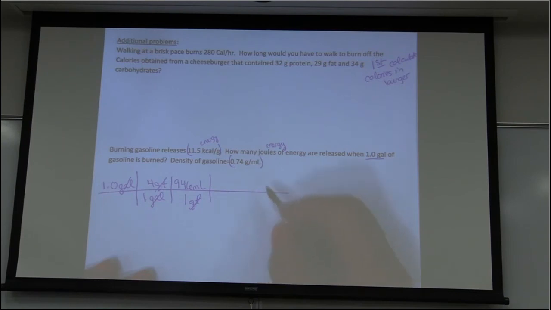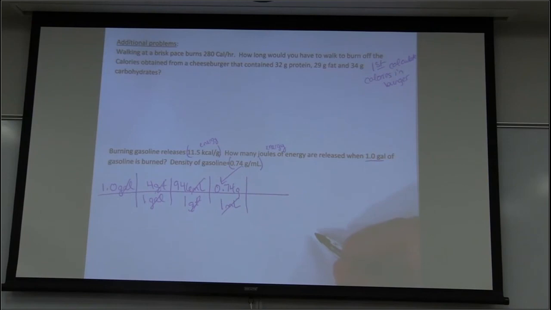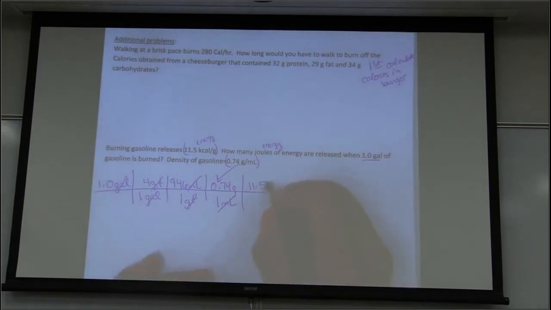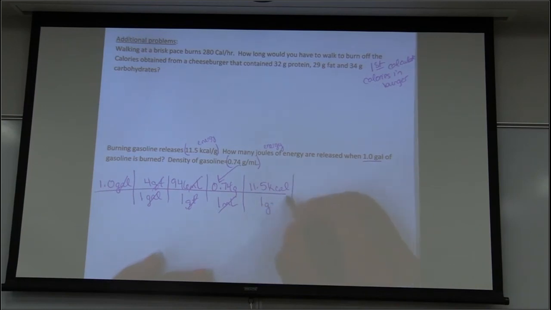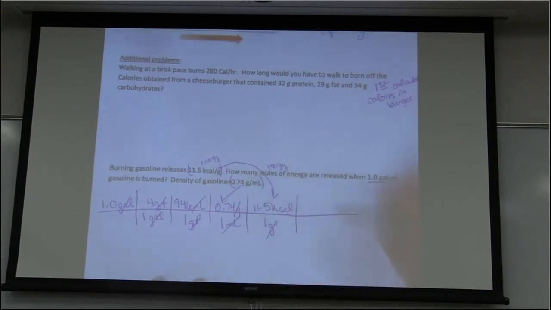Now you're ready for density. So 0.74 grams, 1 milliliter. Milliliters cancel. Do we have grams somewhere listed in a conversion factor? Yes. So what goes on top? 11.5 kilocalories. And what goes on bottom? 1 gram. Grams cancel. That one came from there, if you're wondering.